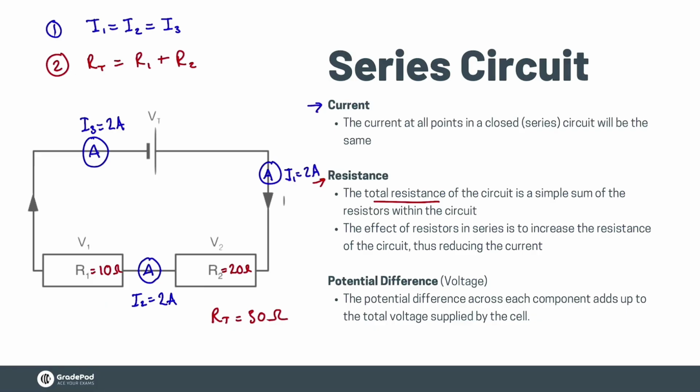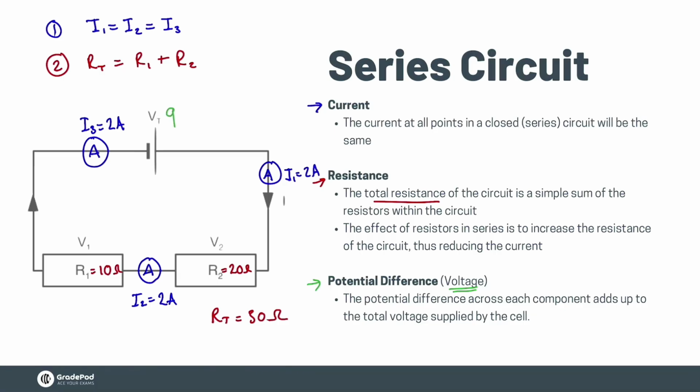The final quantity that we're interested in is potential difference or voltage. You might use the term voltage. I would say the technically correct term is potential difference, but it doesn't really matter. And the rule for potential difference is that the potential difference across each component adds up to the total voltage supplied by the cell.